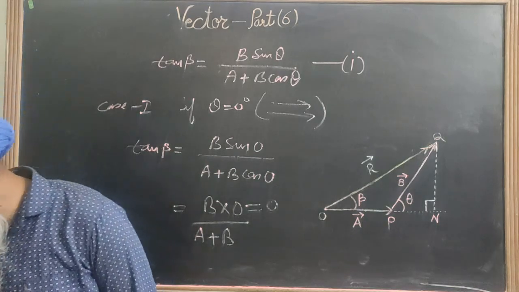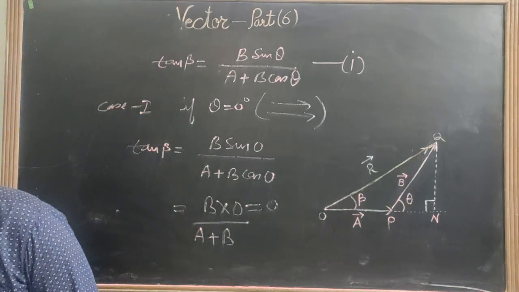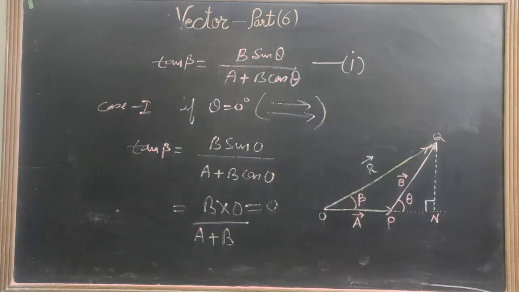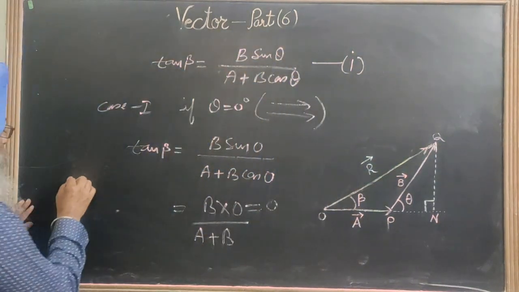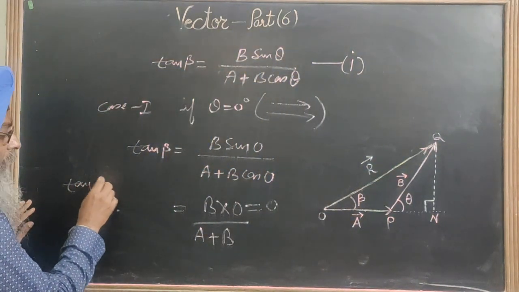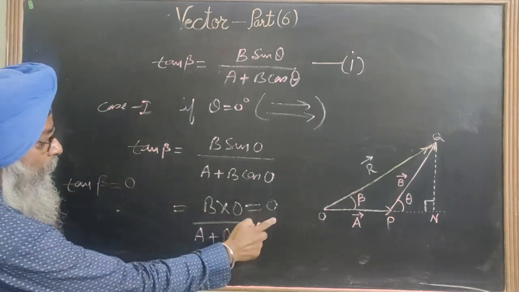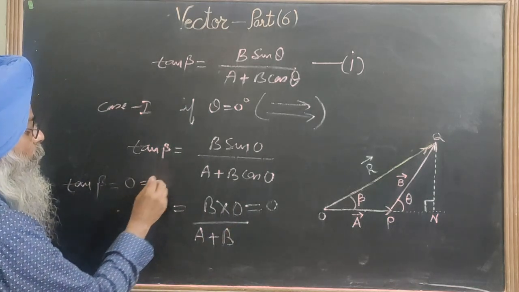Now you can also write it as tan beta equal to 0. And what is 0?